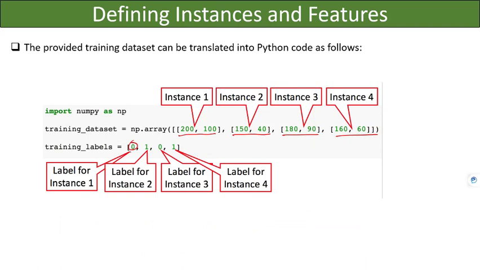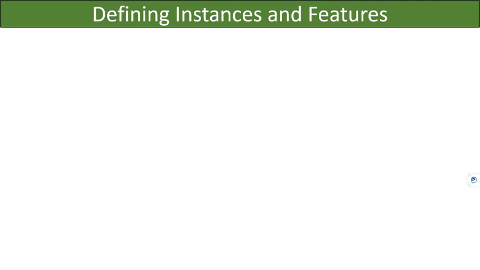So 0 1 0 1. This is how you will convert your data set into programming code. The provided training data set can be translated into Python code. This is the approach you are going to follow when you start writing your program, so you can understand and implement your program easily without any problem.